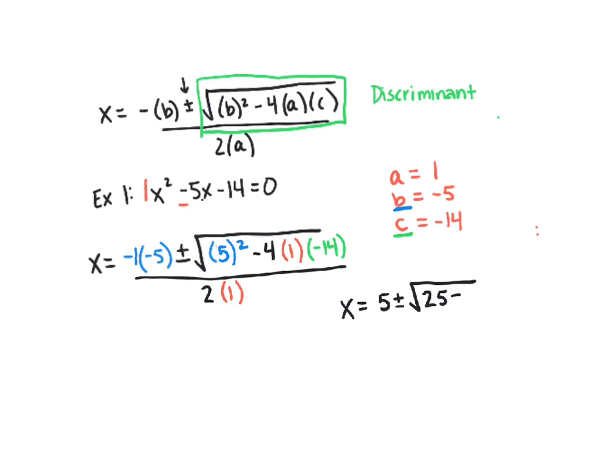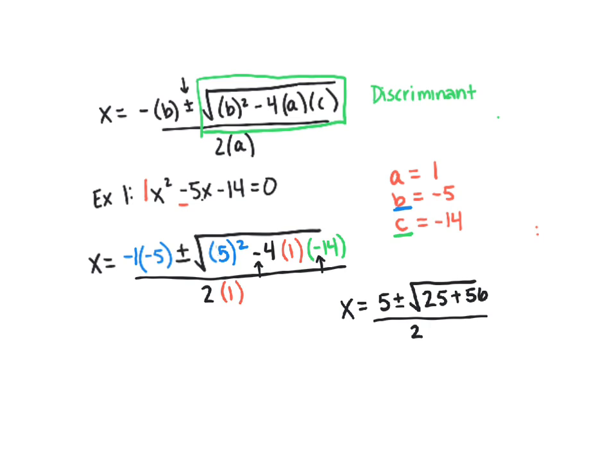I can't do that in my head, so I'm going to get my calculator out and do 4 times 1 times -14 to give us 56, because we have -4 times 1 times -14, so we have plus 56, because a negative times a negative gives us a positive. And all of that over 2 times 1, which gives us 2.